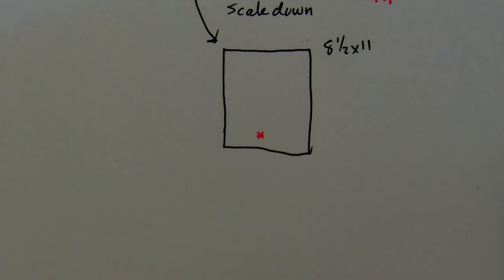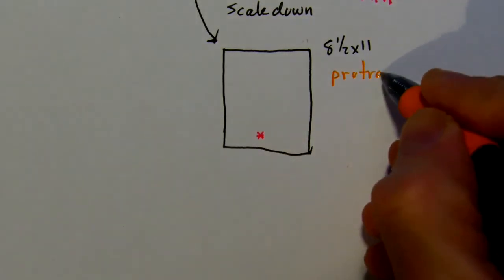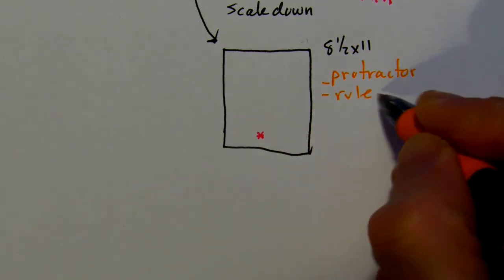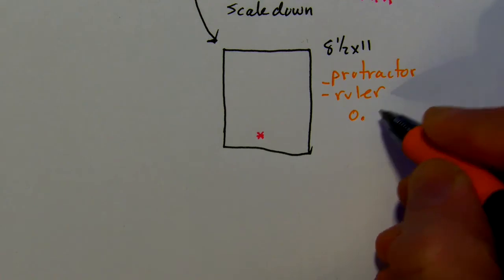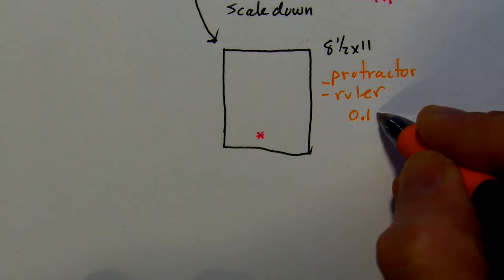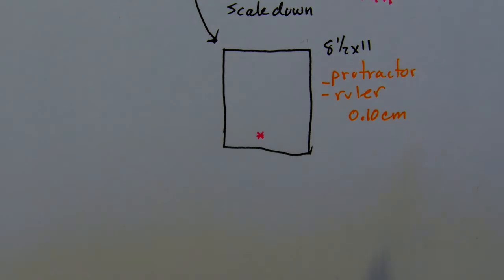And we measure now using a protractor and obviously a ruler, and you really need to measure to at least 0.10 centimeters. You have to be really specific on this one.